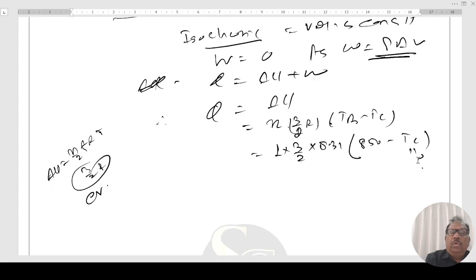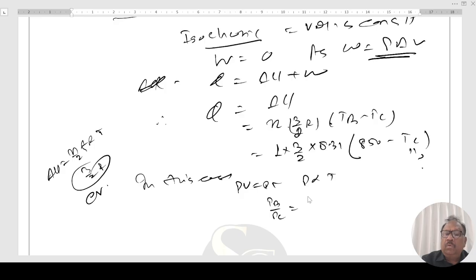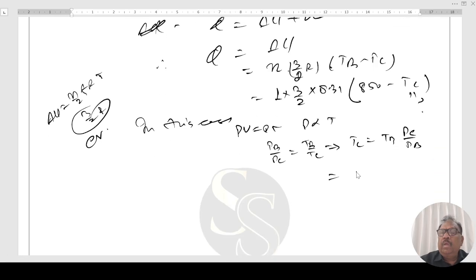As you know, PV equals nRT, the ideal gas equation. Volume is constant, so P is proportional to T. That is Pb upon Pc equal to Tb upon Tc. We have to find Tc. Tc would be equal to Tb into Pc upon Pb. Tb is 850 into Pc.